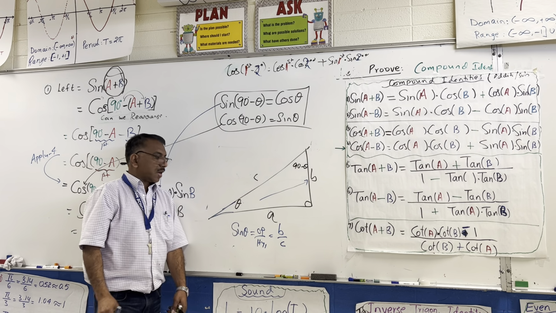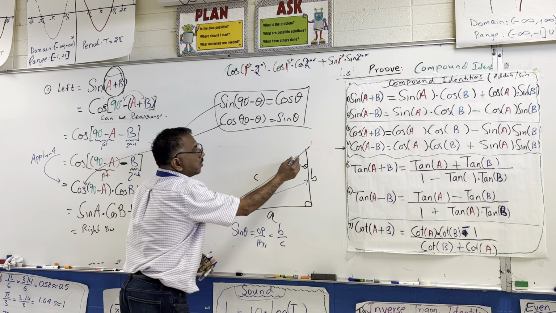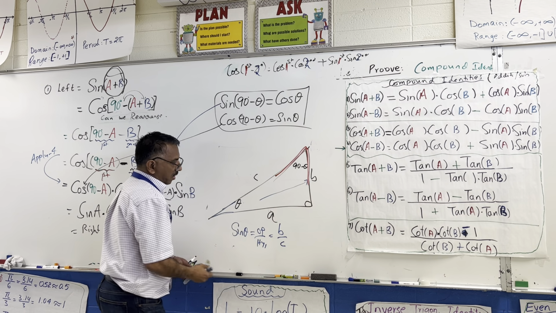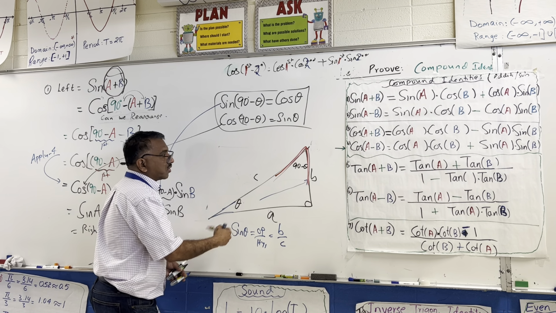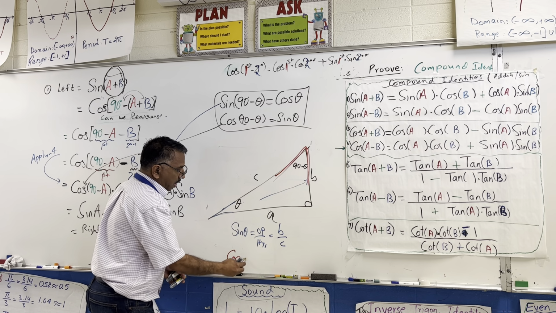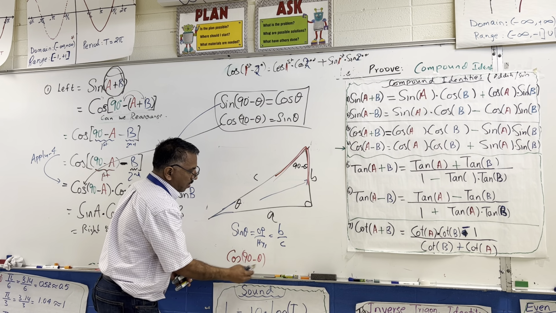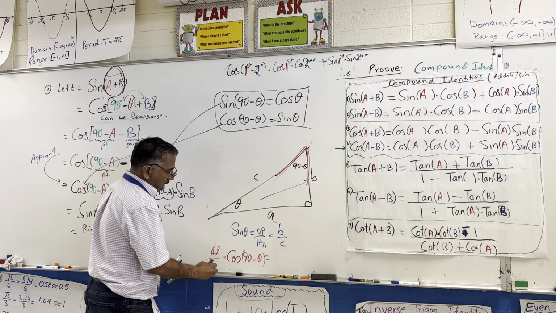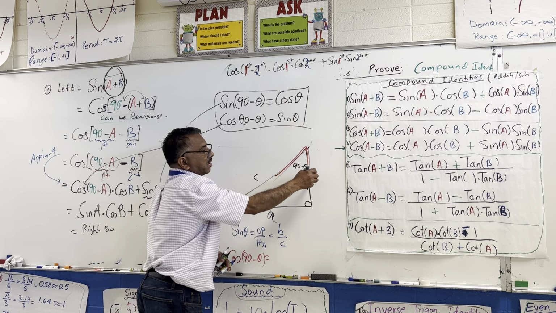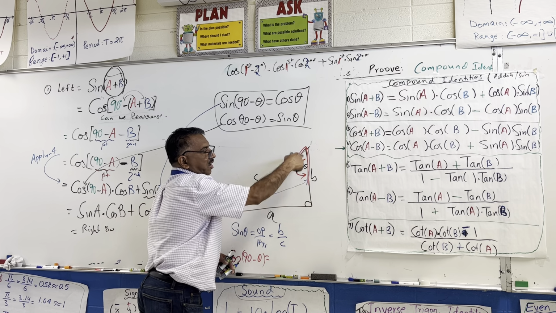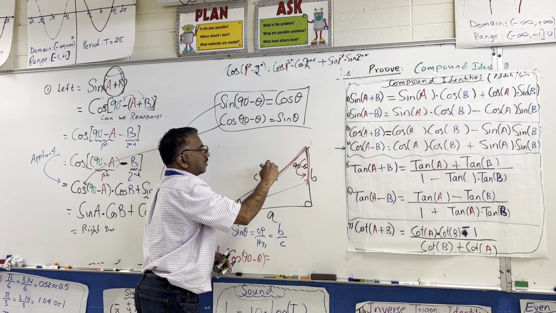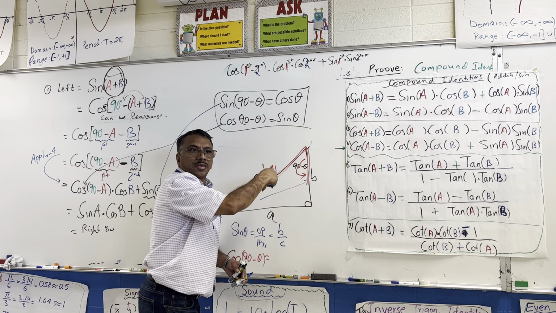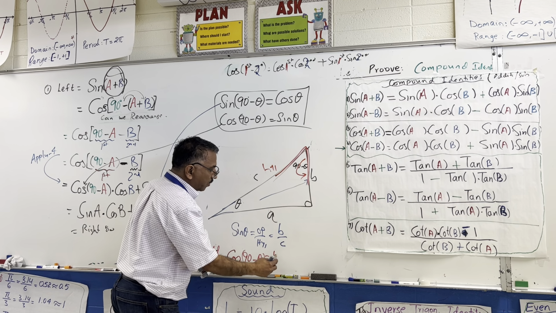But also, if I use the top angle, which is 90 minus theta, I can use cosine there. So cosine of 90 minus theta is adjacent over hypotenuse, and this is the adjacent B, this is the hypotenuse. So that also is B over C, correct?